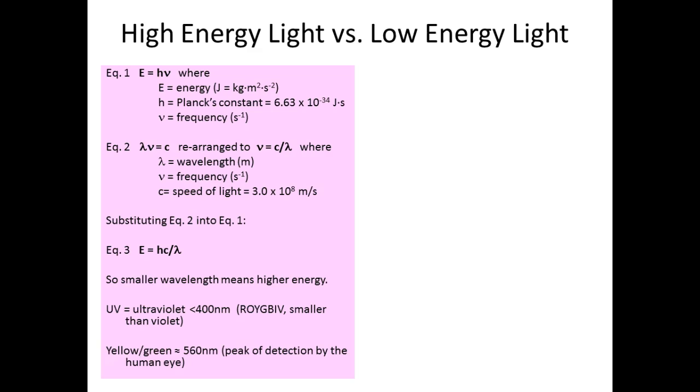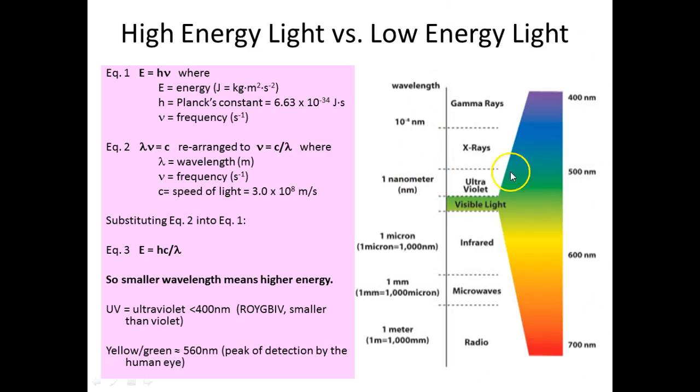Peter's a big fan of explaining all the math. Me, not so much. So the slide is mostly for him. But the take-home message is that smaller wavelengths mean higher energy. Notice that UV light has a much smaller wavelength. It's a higher energy light. The visible light spectrum that we deal with has slightly larger wavelengths, not as much energy, but we can visualize it.